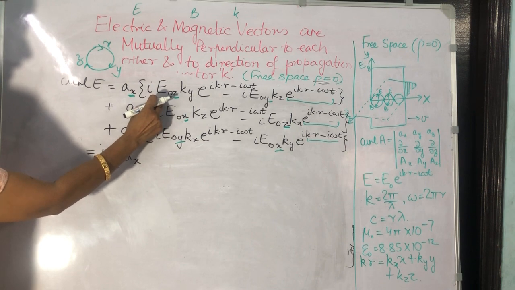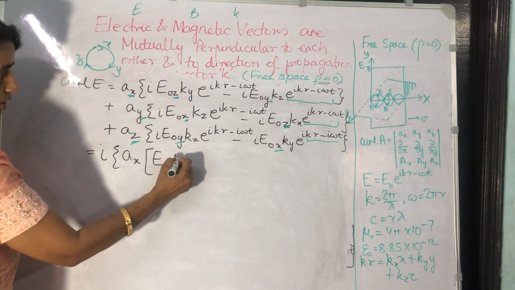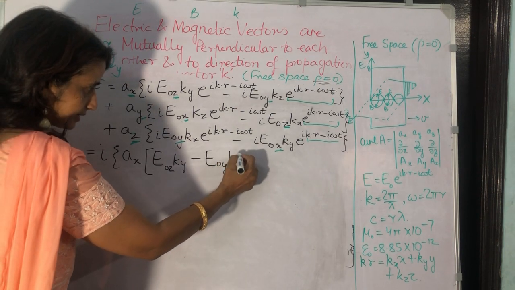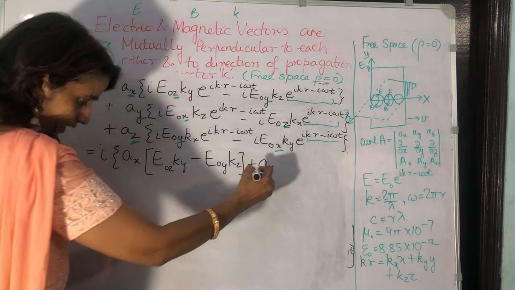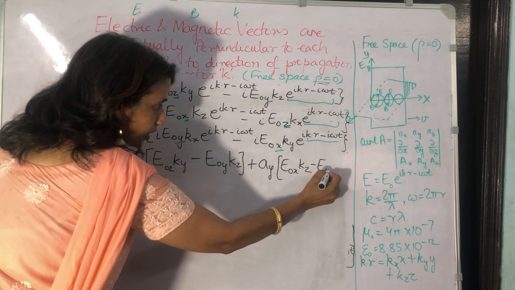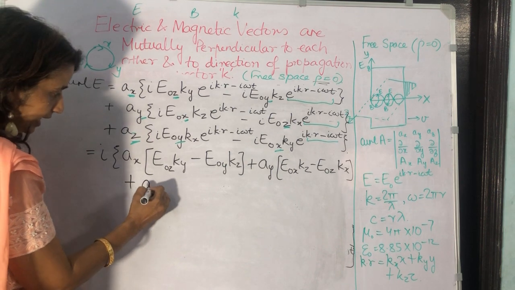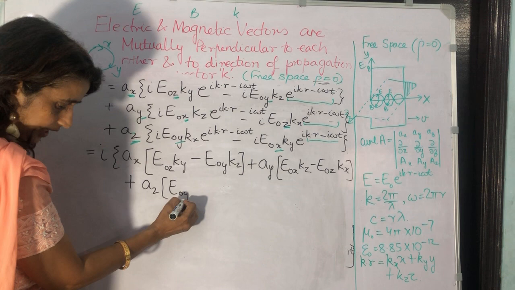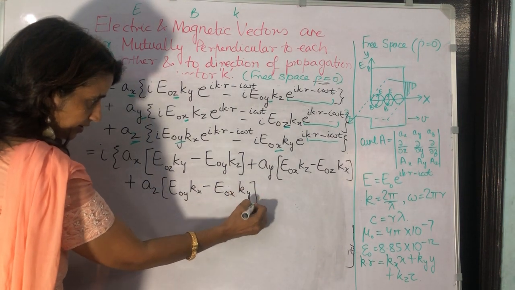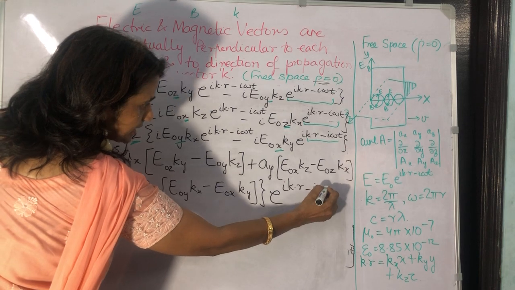So ax into E naught z ky minus E naught y kz, plus ay into E naught x kz minus E naught z kx, plus az into E naught y kx minus E naught x ky, and the whole expression times e to the power of i k dot r minus i omega t.